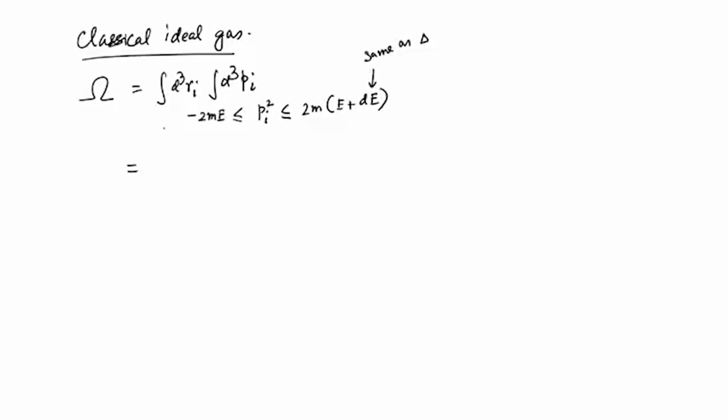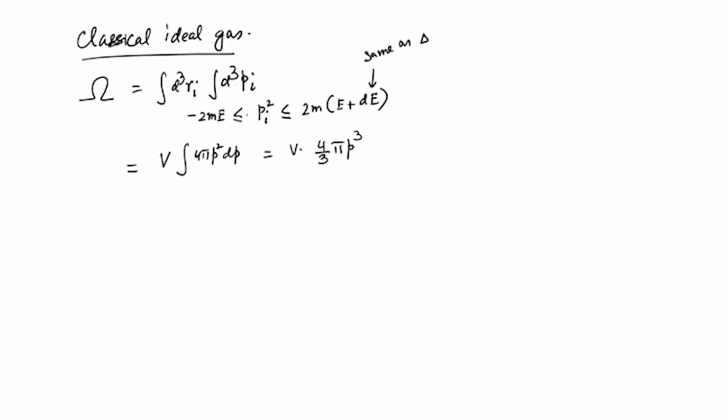And the coordinate space integral gives you a volume, and the momentum integral of course can be done: this is like 4 pi p square dp, and that gives you 4/3 pi p cube. We are doing an indefinite integral because it goes from 0 to p, so we have not used a limit for this.